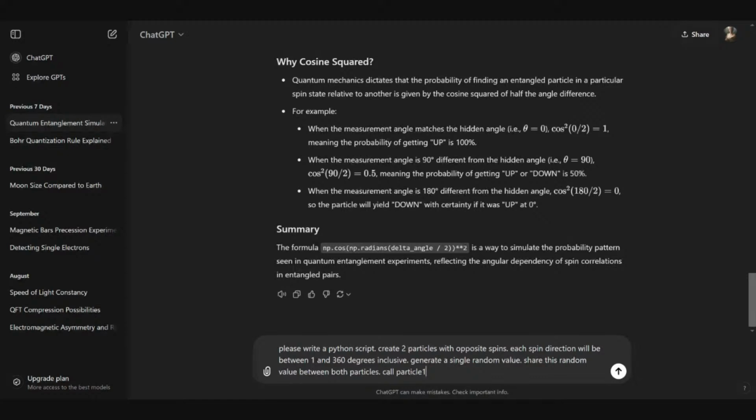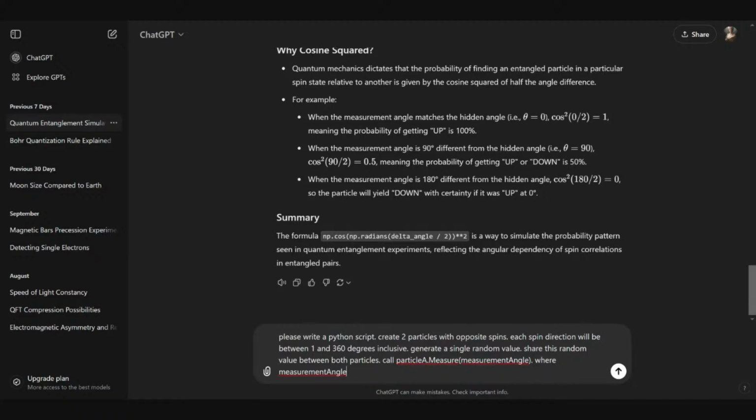He called them particle A and B. Particle A, measure measurement angle, where measurement angle is the same, where measurement angle will be between 1 and 360 degrees inclusive.